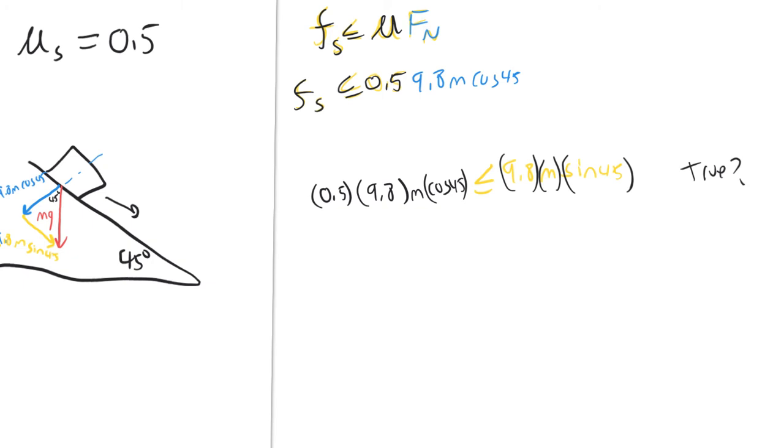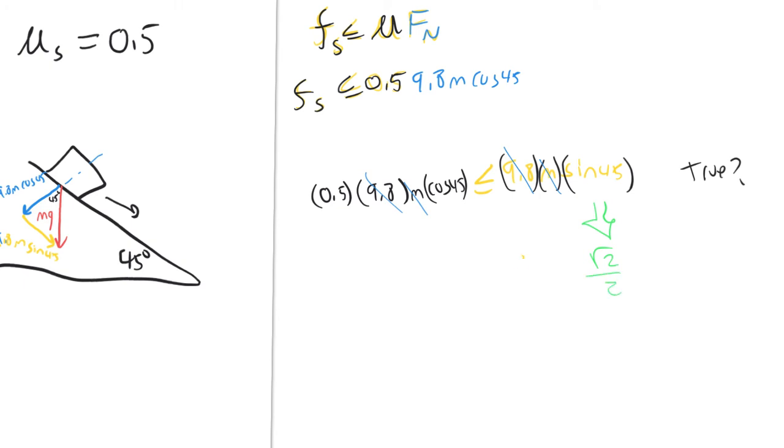Now, if it is true, then the block is sliding down the incline. Well, first of all, the 9.8 can cancel. The mass can cancel. And this sine 45, I know is radical 2 over 2.